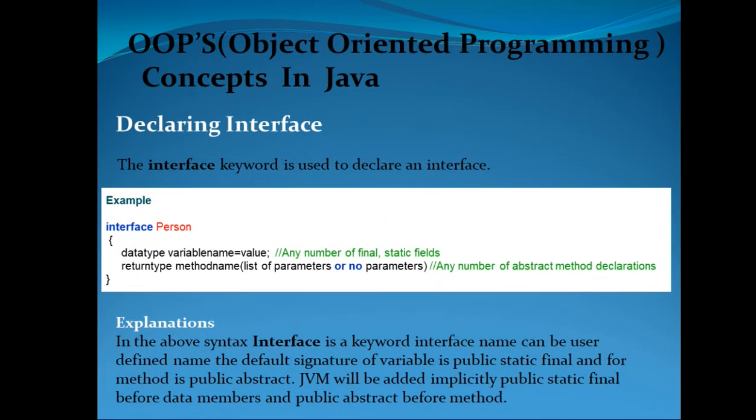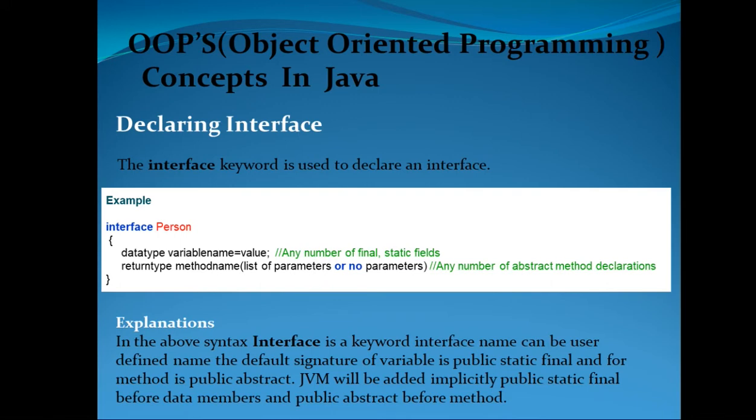Next is how we declare an interface. The interface keyword is used to declare an interface. This is the example: the interface keyword, the interface name Person, then data type, variable name equals value, and return type, method name, list of parameters or no parameters. Let's discuss its explanation.